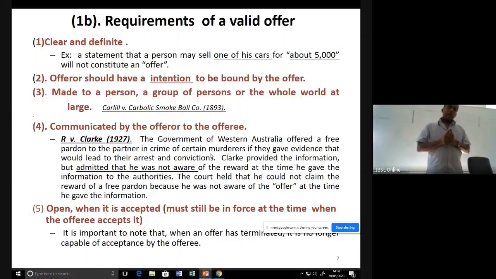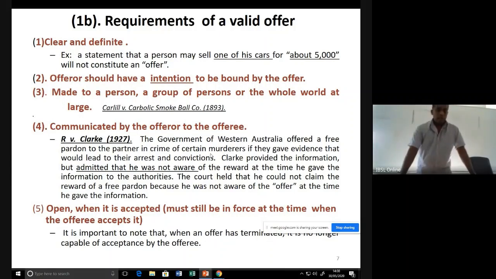Then the question is, if the expiry date is not mentioned, what is the situation? Is it valid forever? No, the answer is no. Then when does it come to an end?